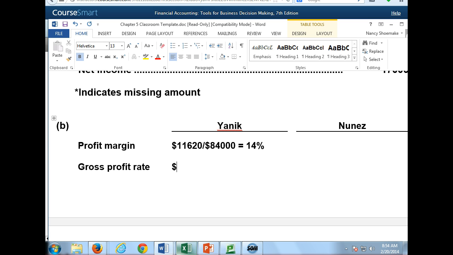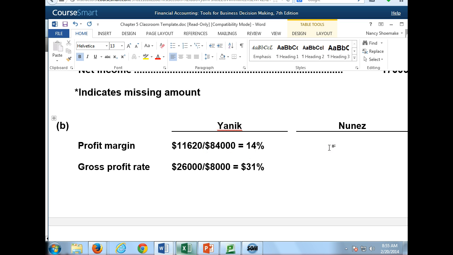What's the gross profit? 26,000, isn't it? Divided by 84,000 equals 31%. Do you see how the gross profit rate is 31, but the margin is only 14? It's because the margin takes into account all the operating expenses, but the gross profit rate only takes into account cost of goods sold. Okay? Are we doing okay?